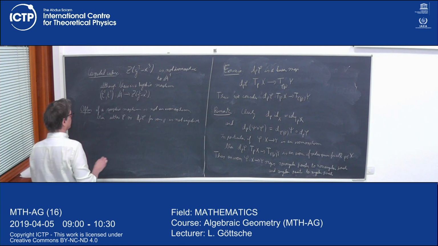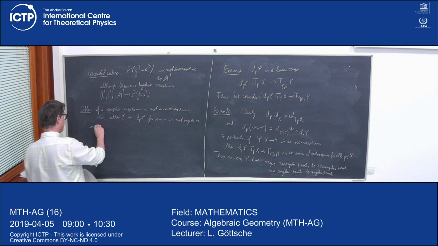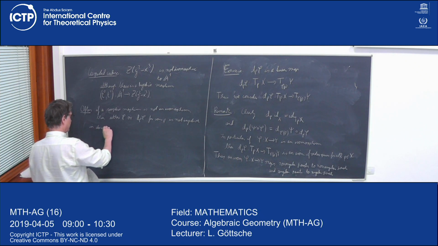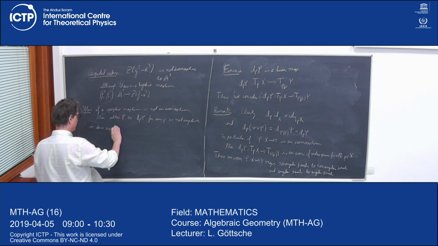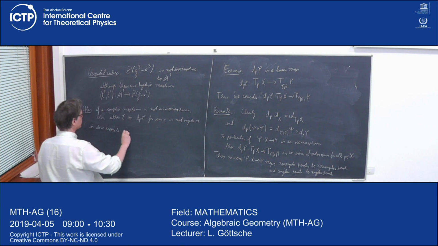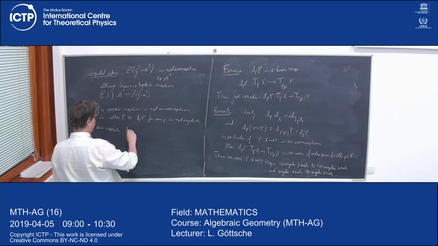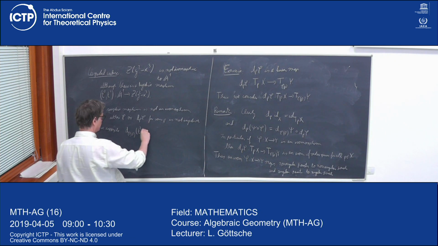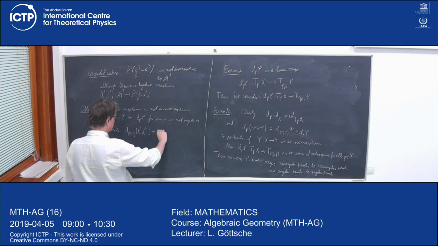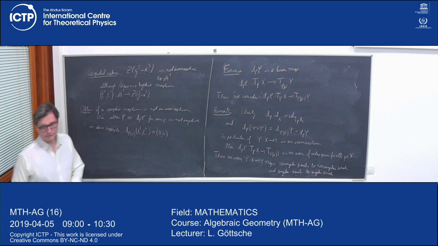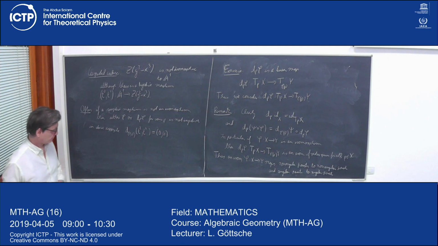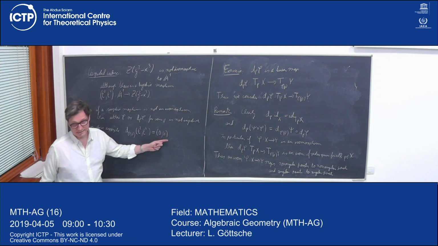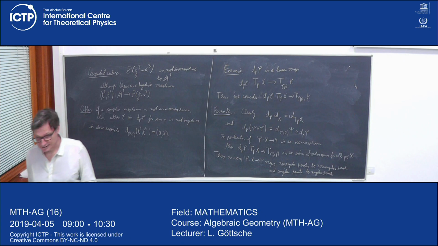So in the above example, at the point (0,0), the differential of (t squared, t cubed) is just 0. So the map is the zero map, so it's certainly not injective.